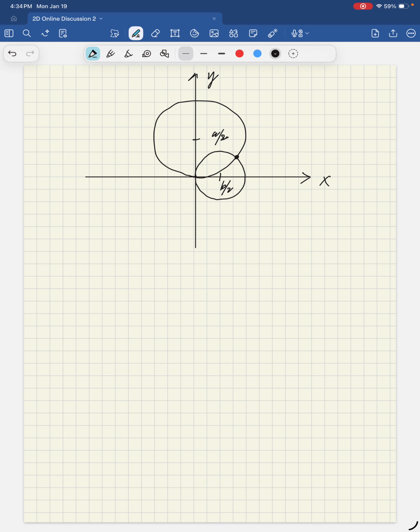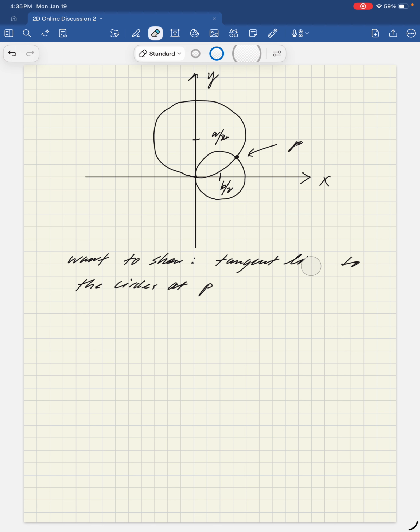It means I want to show that the lines that are tangent to the circles at the point of intersection, let's call this point P, are perpendicular.